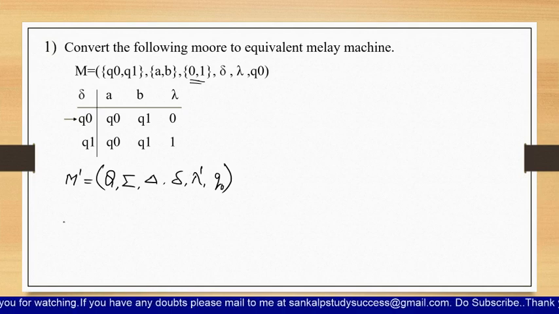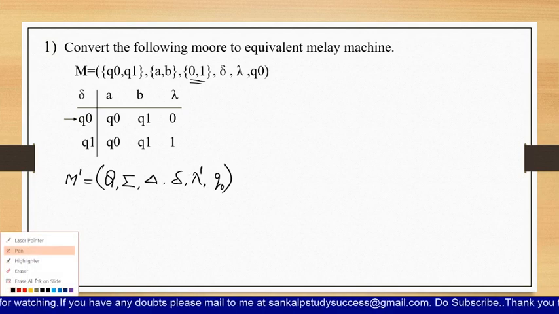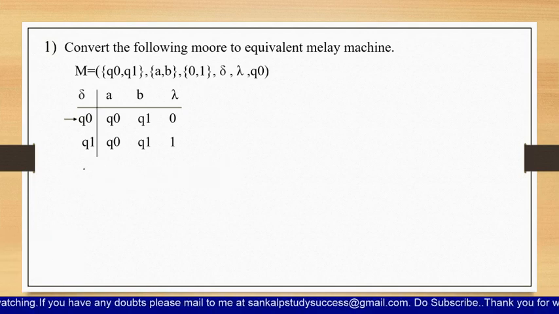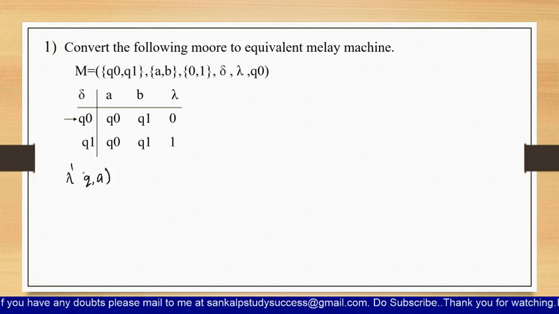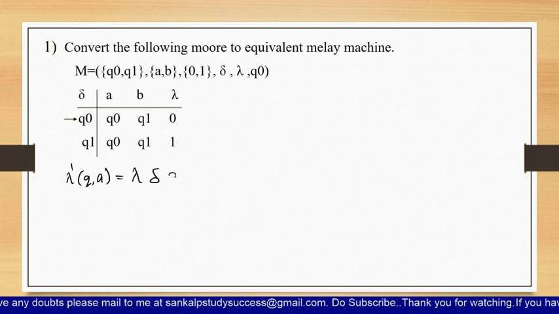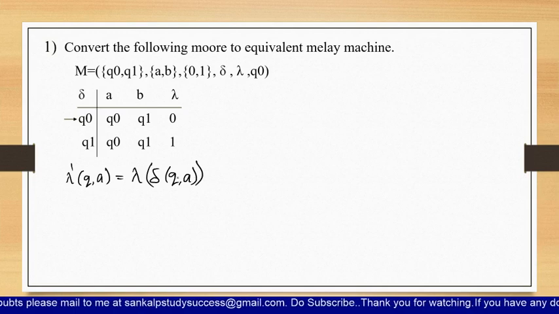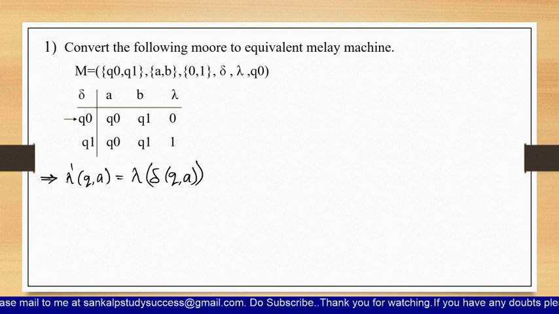So we need to find what is lambda dash. The formula of lambda dash, as we all know, is lambda dash of q comma a equal to lambda of transition function of q comma a. So by using this formula, we are going to find out lambda dash.